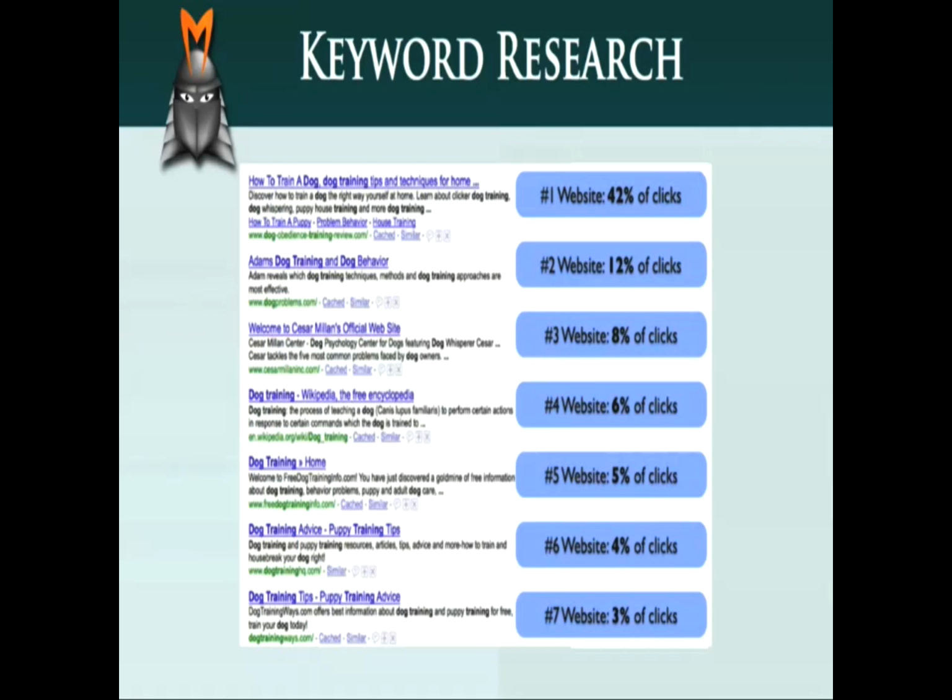What this means is that even if you are the #1 ranked website in Google for a particular keyword, there is a big difference between the number of people who search for a phrase and the number of people who will actually click through and visit your website.